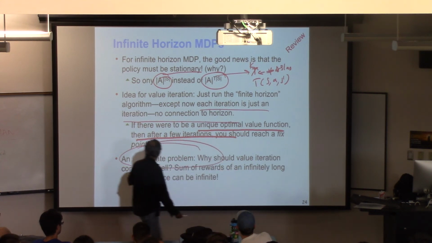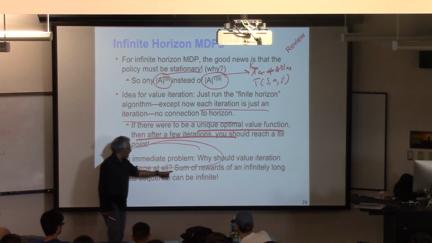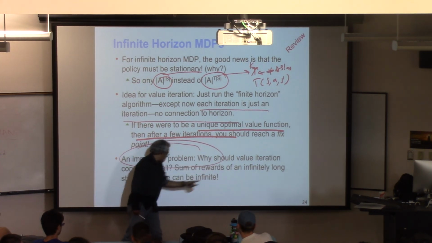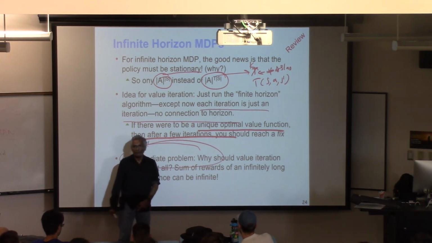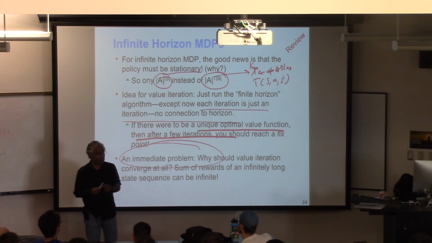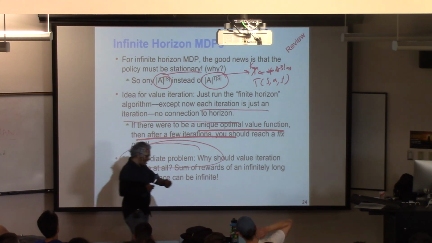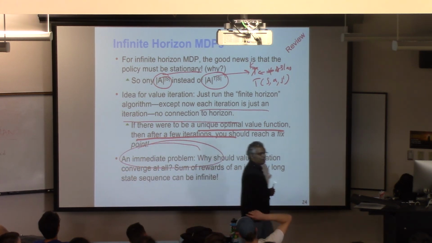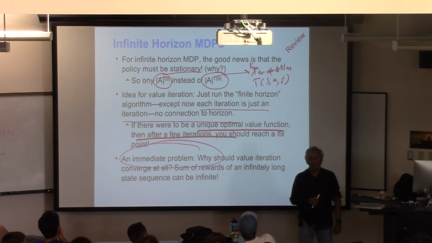Why should value iteration converge at all? The sum of rewards of an infinitely long sequence is likely to be infinite. You need to stop it from being infinite. When was the last time you thought of a sum of an infinite series of numbers and tried to sum them up and found that they're finite?